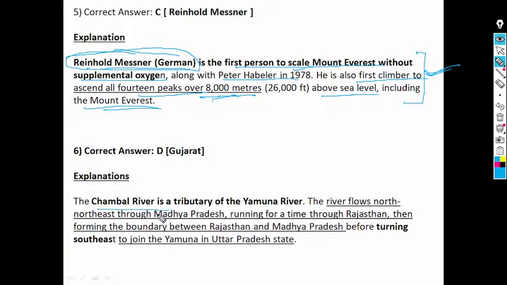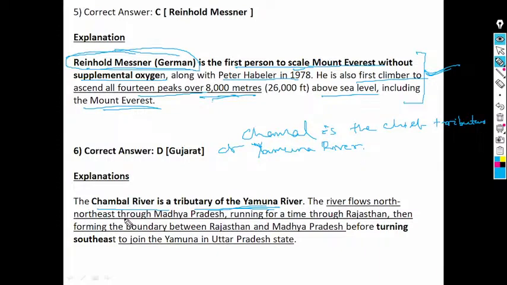Next, the Chambal River is a tributary of the Yamuna. Chambal is the chief tributary of the Yamuna River.